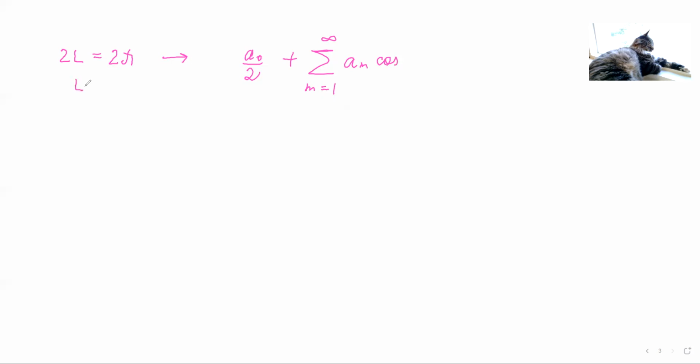Sorry. I thought I should substitute 2 pi into my formula. So remember the formula was m pi x over L, right? If I substitute pi instead of L, I'm going to cancel the pi and I'm just going to have mx.